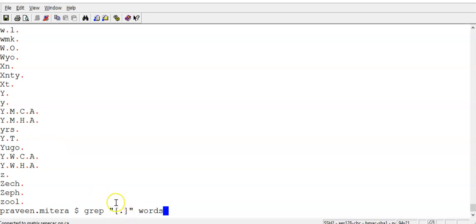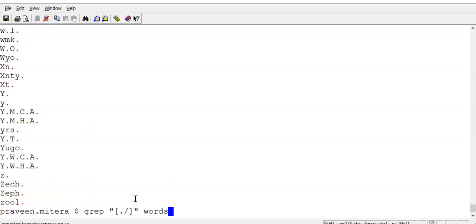Well, the interesting thing that happens is if you put that special character inside a character class or inside a square bracket, it loses its special powers or loses its special meaning. So no longer is it interpreting the dot as any character. Now what we're saying is, please look for one character which happens to be a dot. So as long as there's one dot somewhere on the line, it's going to get picked up.